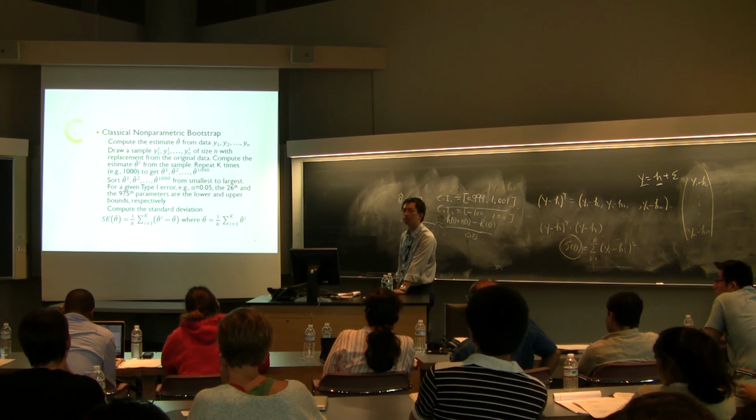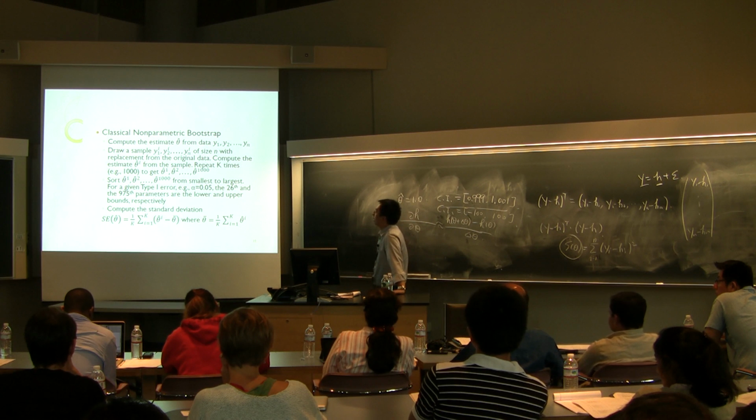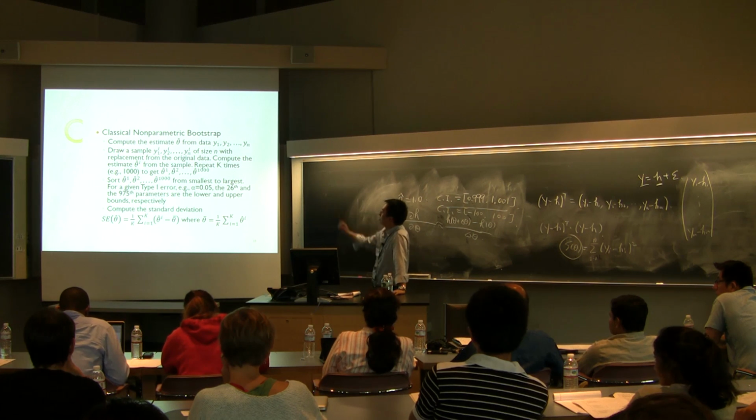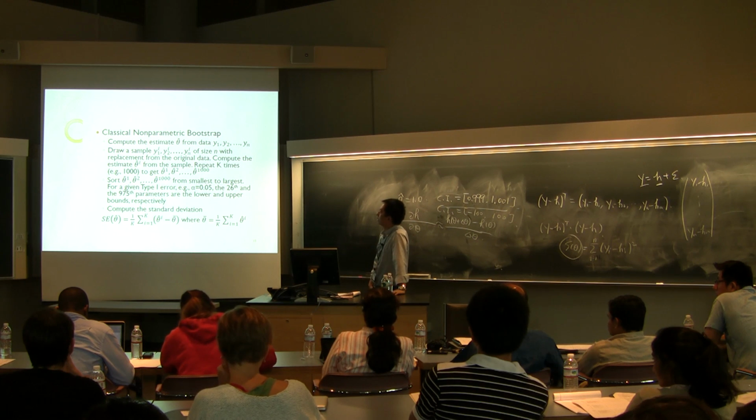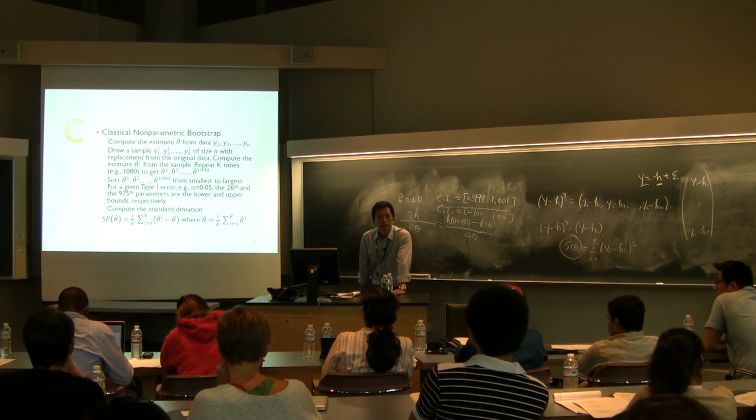Now I get 1,000 estimates, right? Then we sort all the estimates I got. If I use 0.05 as the significance level, then the 26th and the 975th parameter estimates will be the lower and upper bound, respectively.